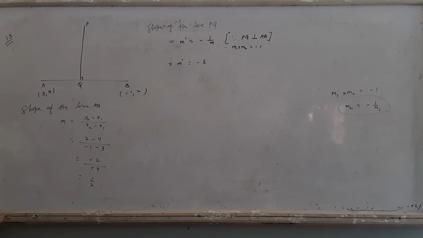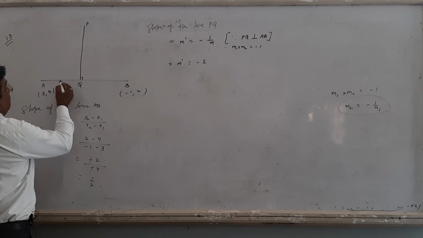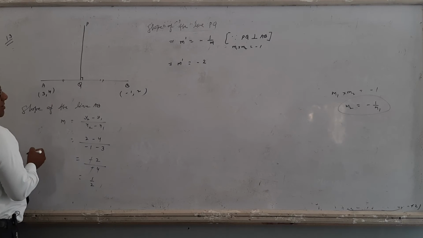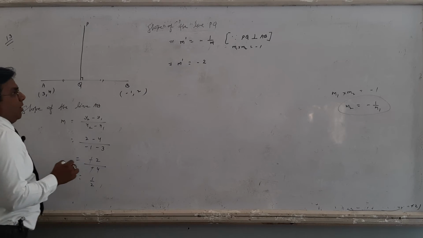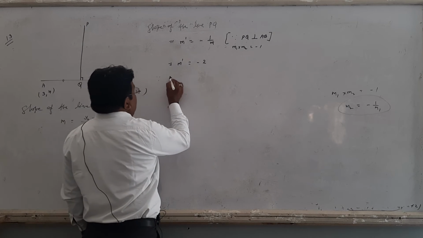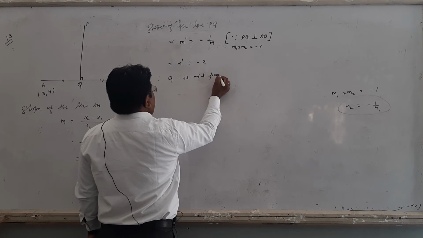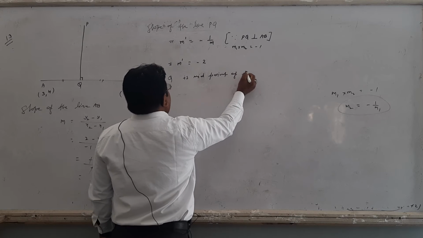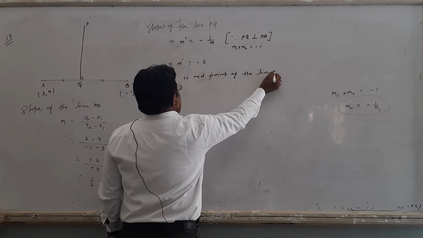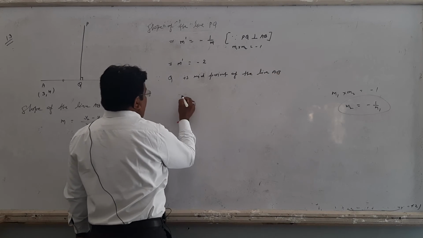And now the second thing is the point. One line is a right bisector. Bisector means it is dividing into equal parts, right? That means Q is a midpoint. So now since Q is the midpoint of the line AB, what is the midpoint formula?